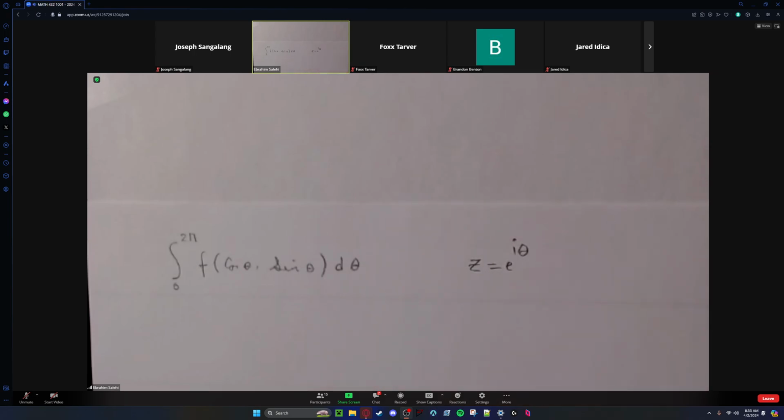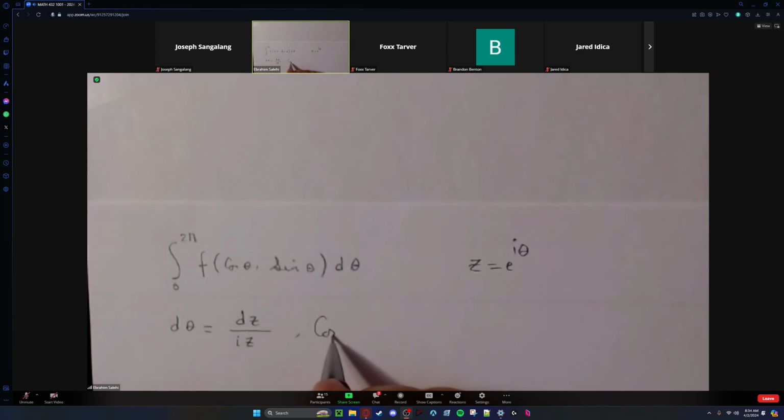And by that change of variable, d theta is going to be dz over iz, okay?